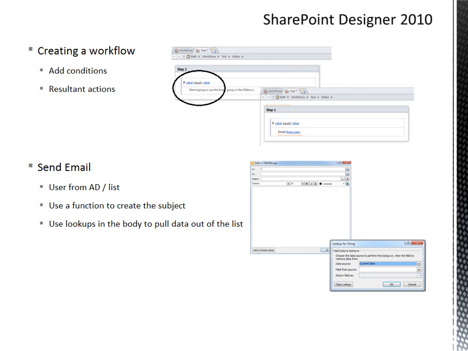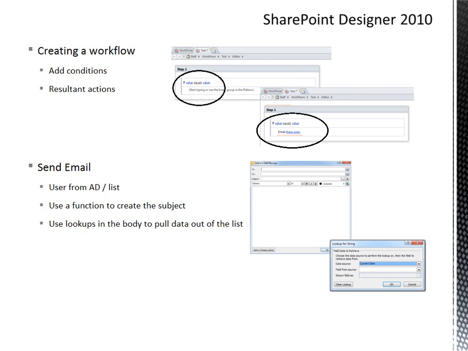So for instance, in the absence report, if the cover manager approval is equal to yes, then you go down to this section, which is a resultant action, which says, if that is true, then email these particular users.